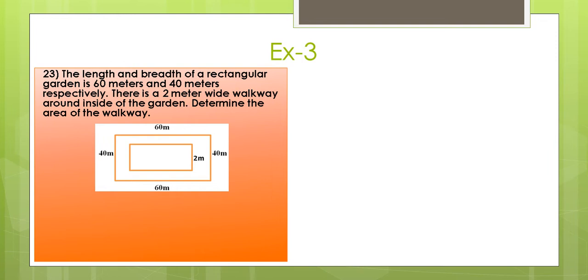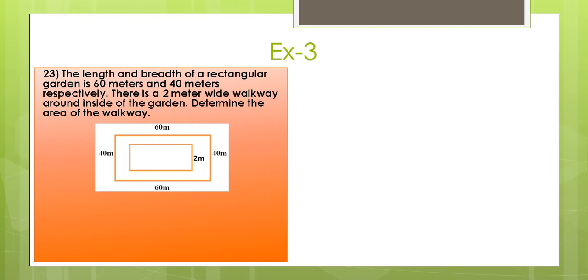Just compare this information with the figure below the question: length 60 meter, breadth 40 meter. Because it is a rectangular shape, and we know in a rectangle both the lengths are the same and both the breadths are the same.